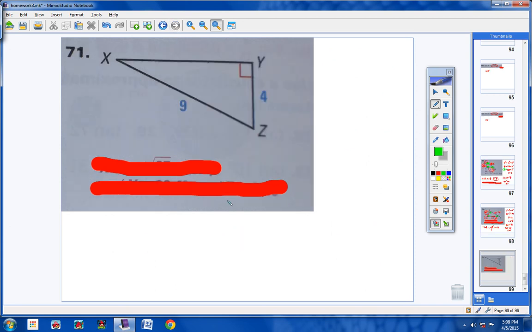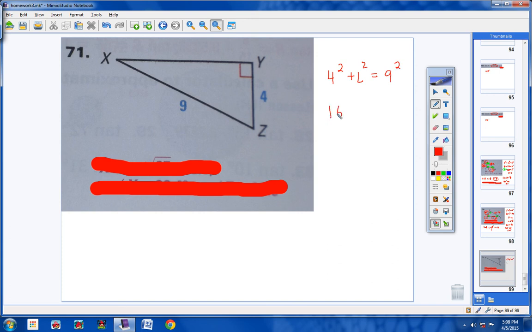And last but not least, number 71. So here we go, students. First of all, notice that we know two sides. So let's quickly find our third missing side. We have a leg squared plus a leg squared equals a hypotenuse squared.